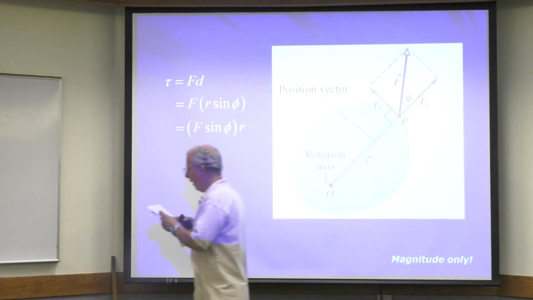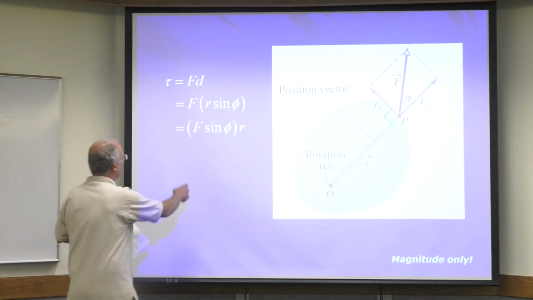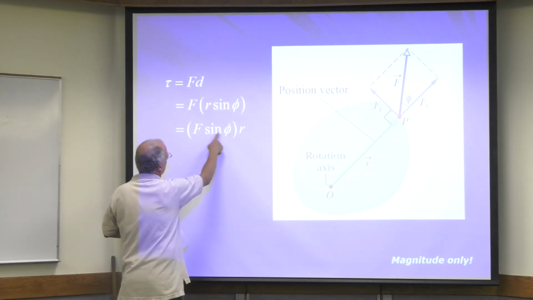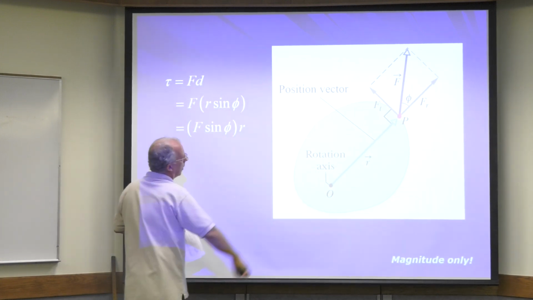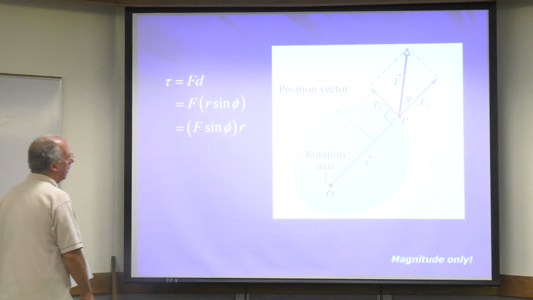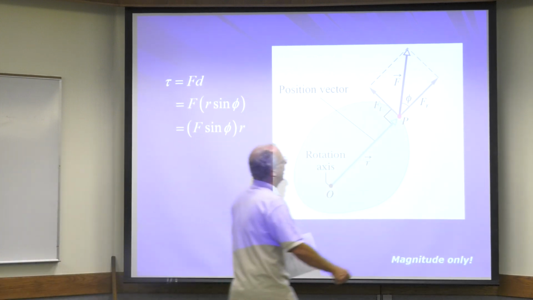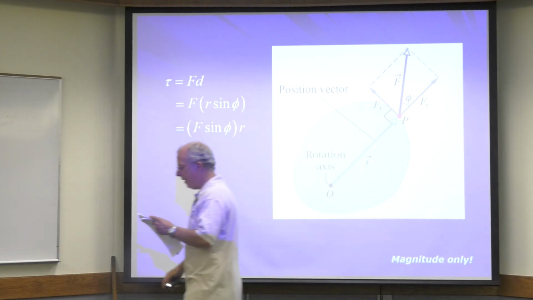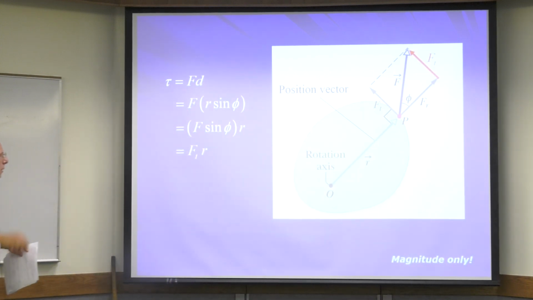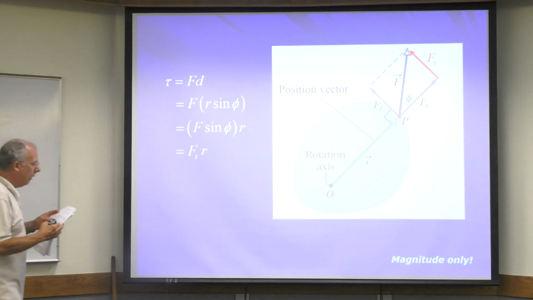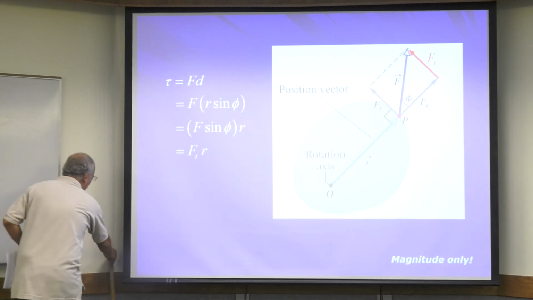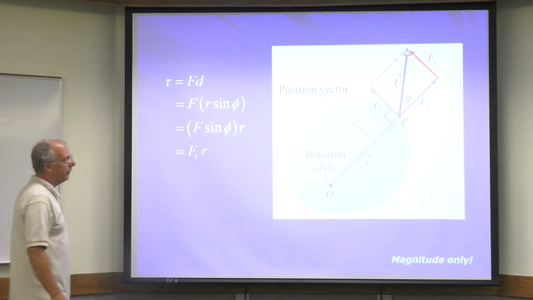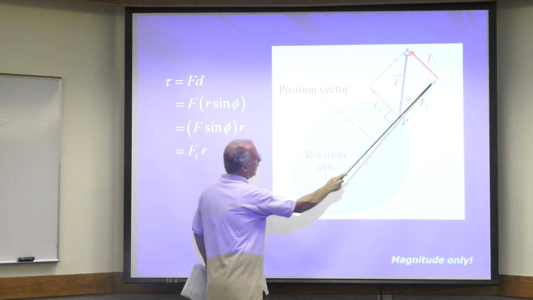Now, what is F sine phi? Look up there. Well, it's this, which is this. It's Ft. So let's substitute Ft. Does this make sense? What's going to rotate this thing? Is this going to be able to rotate this?